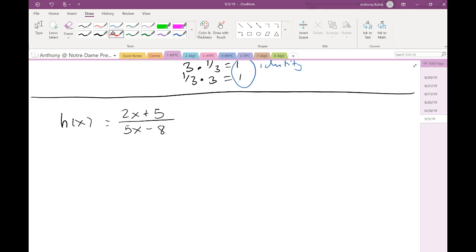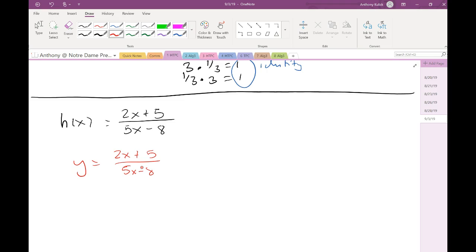The outline of what to do that Sophie described earlier is the same thing that we're going to do. We'll replace the h of x with y equals, get the x by itself, and then swap the x and y variables. It's the getting the x by itself part that proves to be a little bit more complicated in this problem.